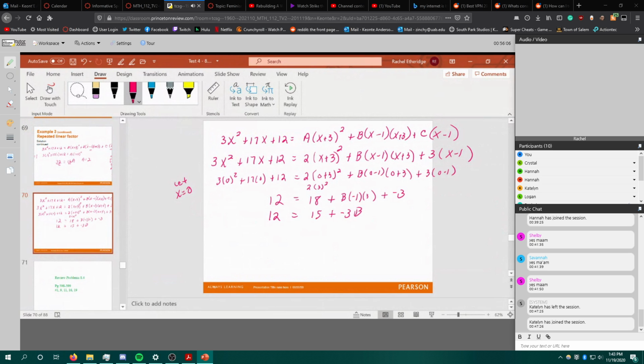So I combine like terms, I get 15, and then plus a -3b. So I'm going to subtract 15 from both sides, and I need to solve this equation for b. Divide by -3, and then b equals 1.